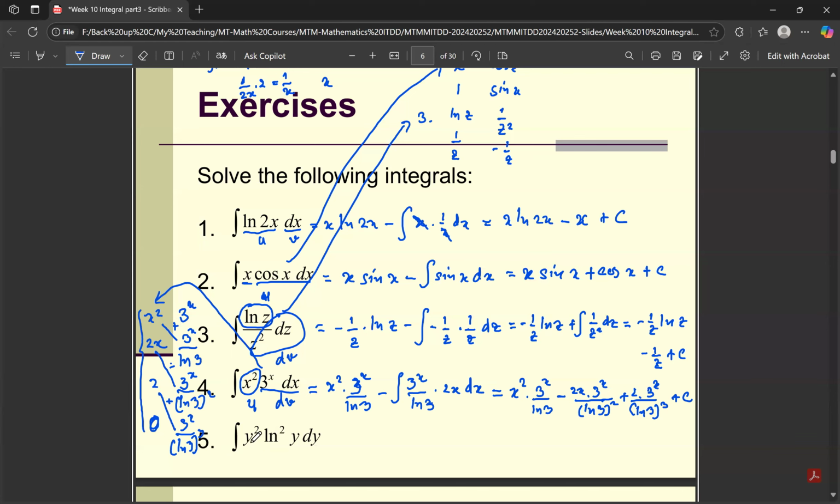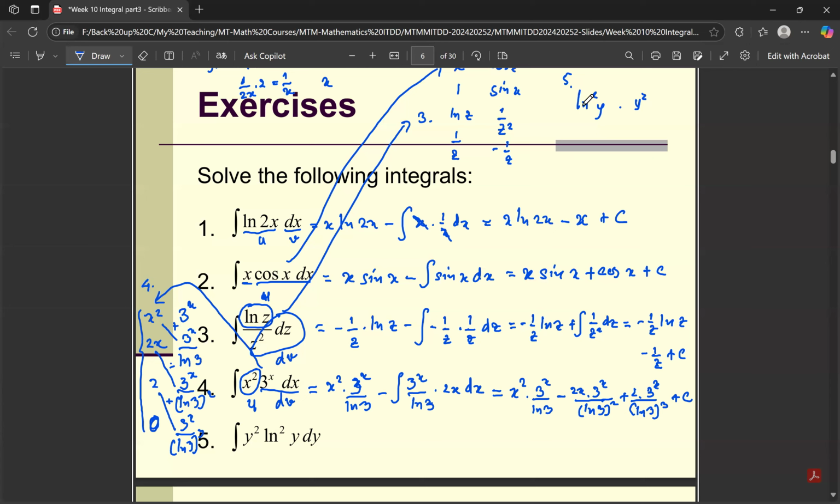Okay, so what about this one? Please apply this condition. In this case, we have u as ln squared y, in number 5. This is number 4, and here we have ln y squared, and the rest is y squared as dv.